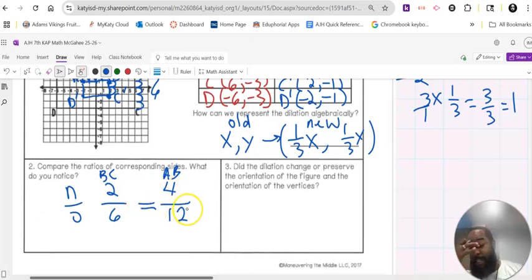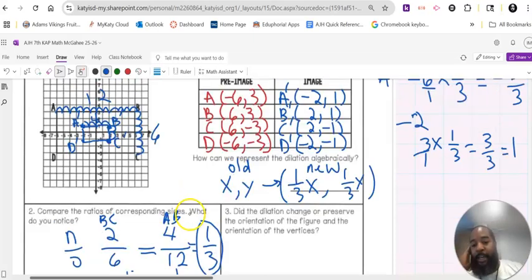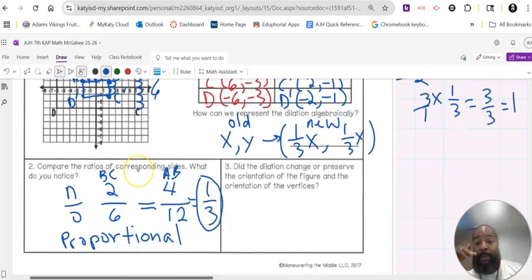What we notice here is that if I were to reduce both of them, they both would reduce to 1 over 3, which is our scale factor. And also, this lets us know that the corresponding sides are proportional. Okay, they're proportional, they have the same scale factor, and that also lets you know that they're similar figures too, as something that we did prior.